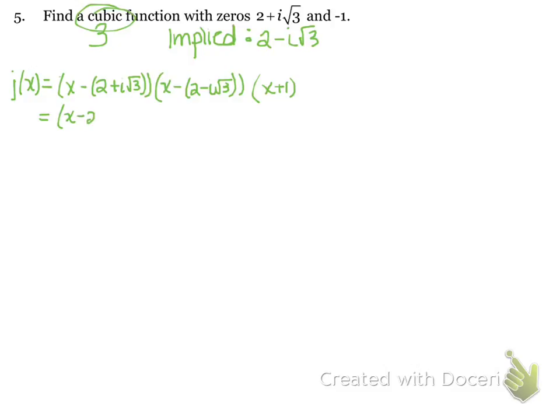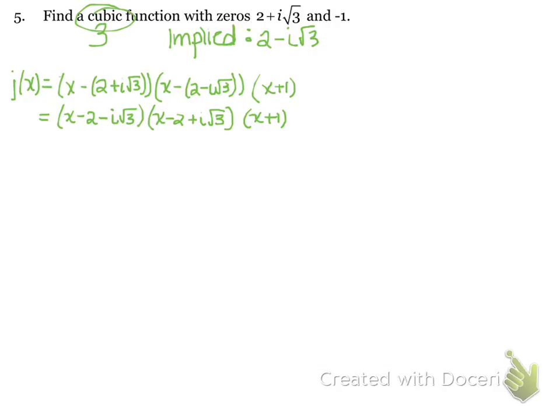Next step gives me x minus 2 minus i root 3 times x minus 2 plus i root 3, and then x plus 1 tags along.